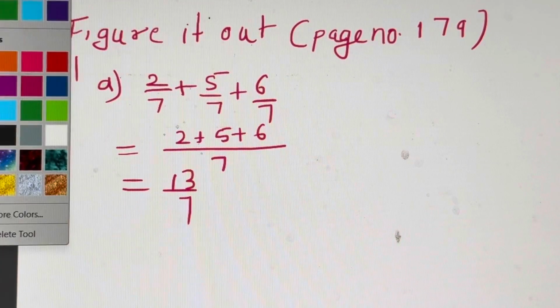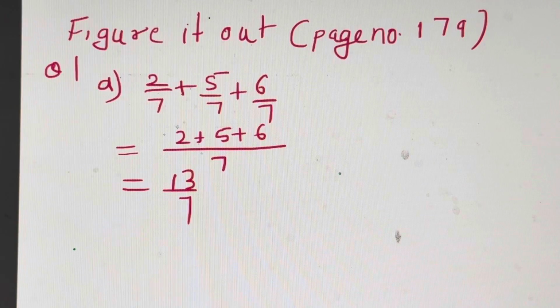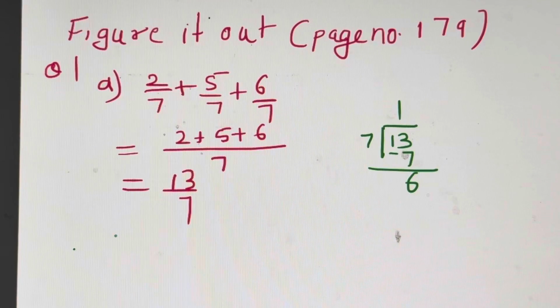Now you already know that this is an improper fraction. So we divide and convert it into mixed. So 7 ones are 7. The remainder is 6. So the answer is 1 whole 6 upon 7.